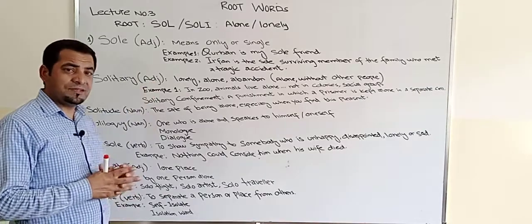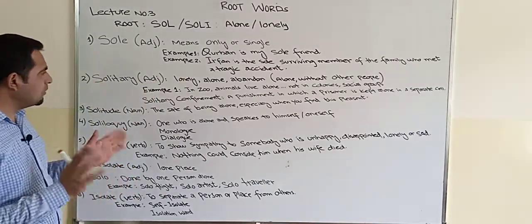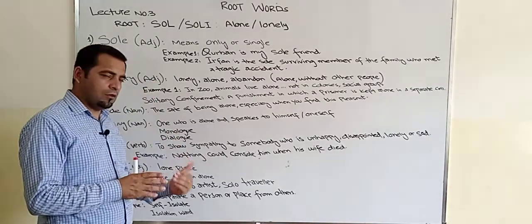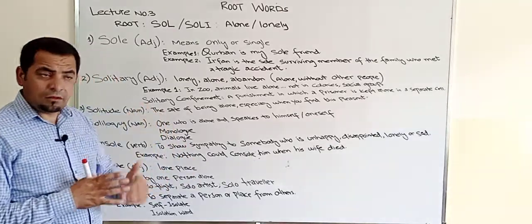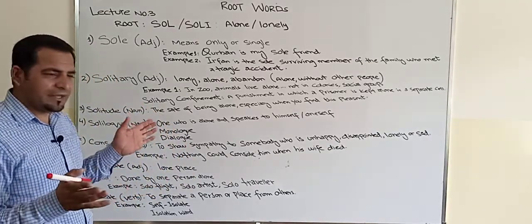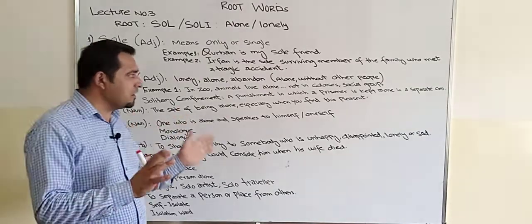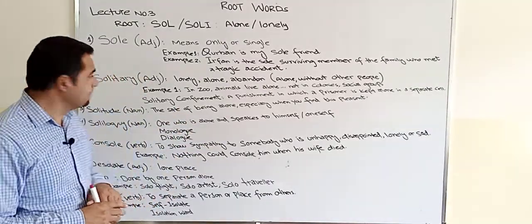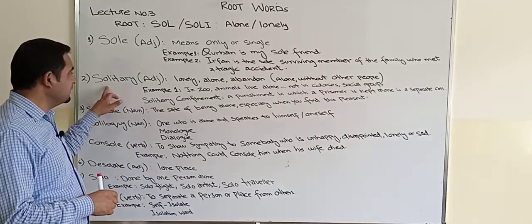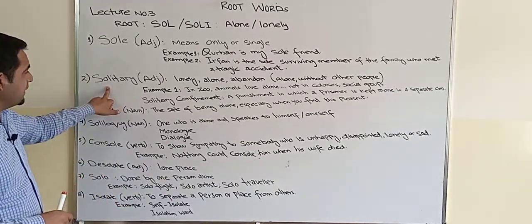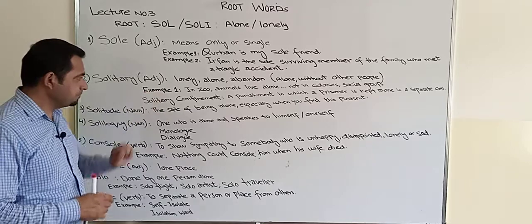It is an adjective and more or less it means lone, lonely, or being abandoned, right? So alone without others. So it means that you are in solitary. Okay, example number 1.